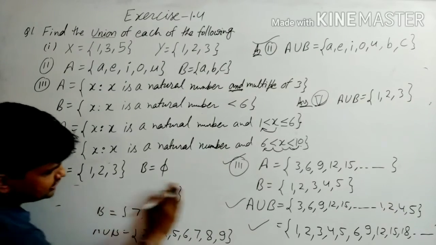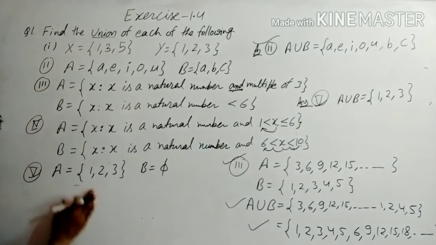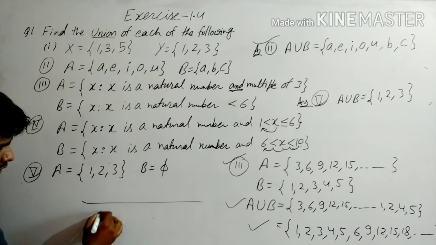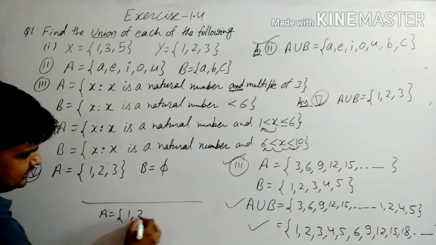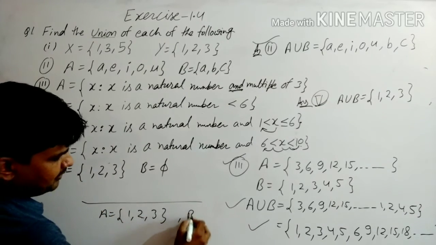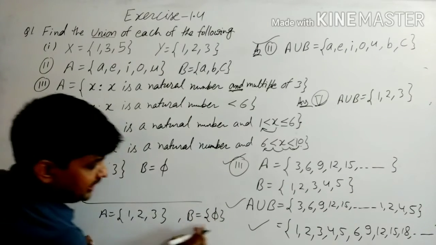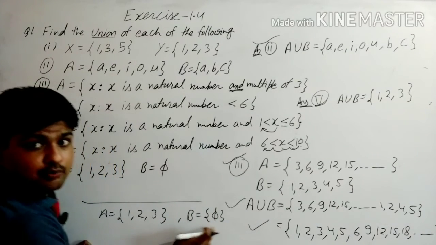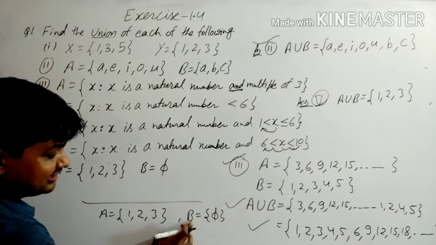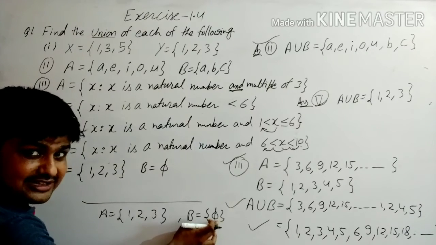Suppose the question is like this: A equals to 1, 2, 3 and B equals to {5}. Now B is not the empty set. It contains a single element, that is 5.